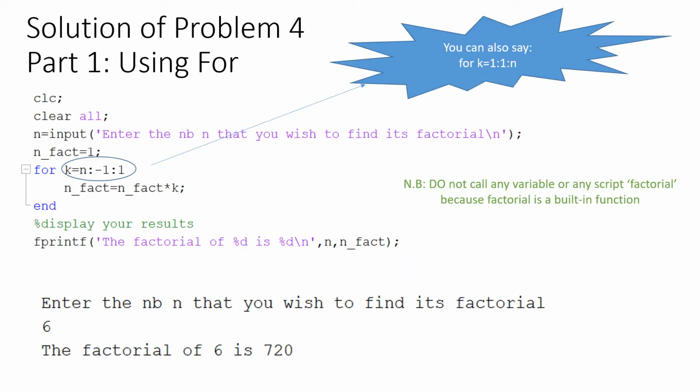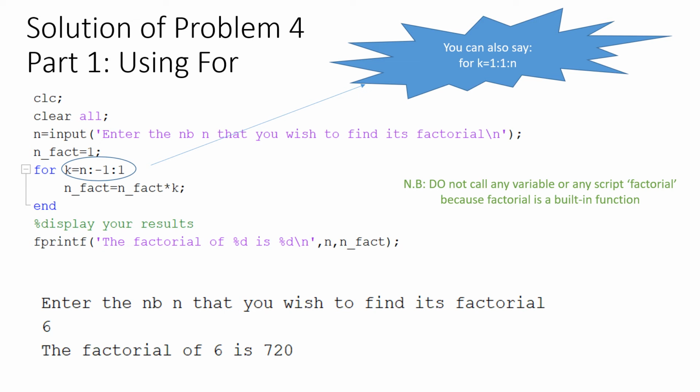Okay, so guys, I hope that you have solved this problem in the correct way. Okay, first part is using for. Of course, I will clear all my values. You can use clear only, and then I will ask the user to enter n, and then I have defined n fact as 1 and not as 0. So guys, why I have to define n fact here as 1 and not as 0 as I did for the sum, if you remember?